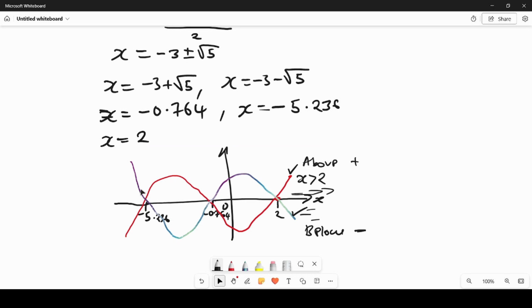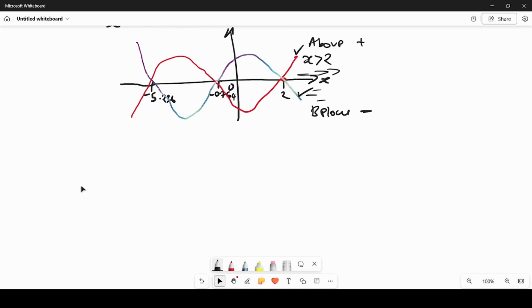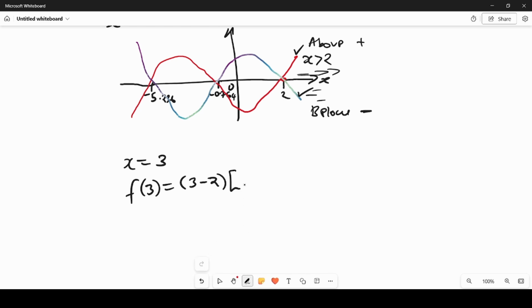Let's create a table. We're not going to create the entire table. Let's just get for x equal to a number more than 2, 3, in the given polynomial.